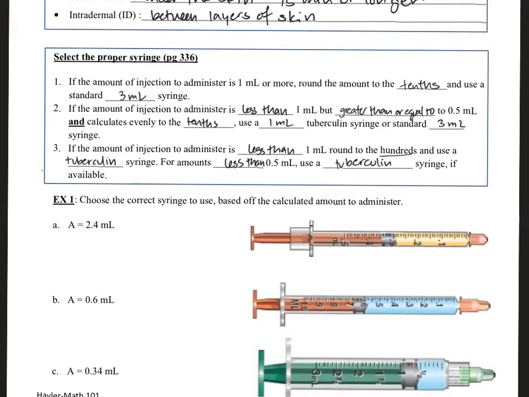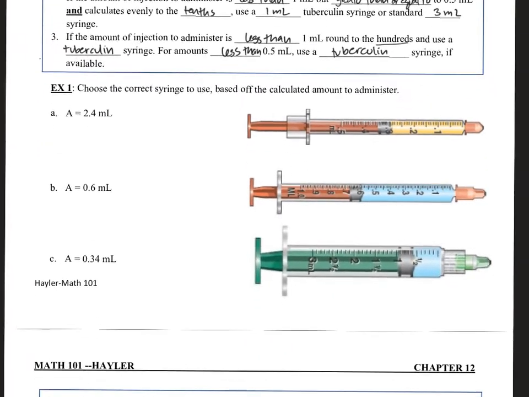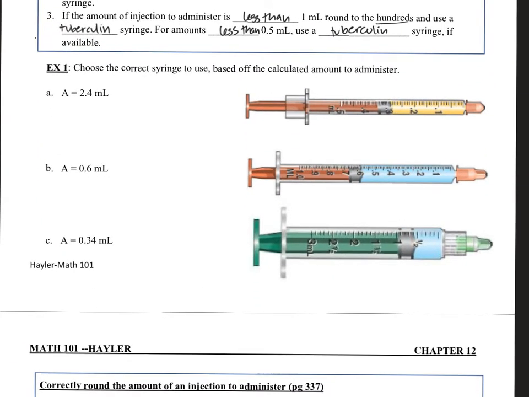Alright. Okay, so basically, these smaller amounts, you're going to be using the tuberculin syringe. Those that are on the larger side, you're going to be using the 3 milliliter syringe.